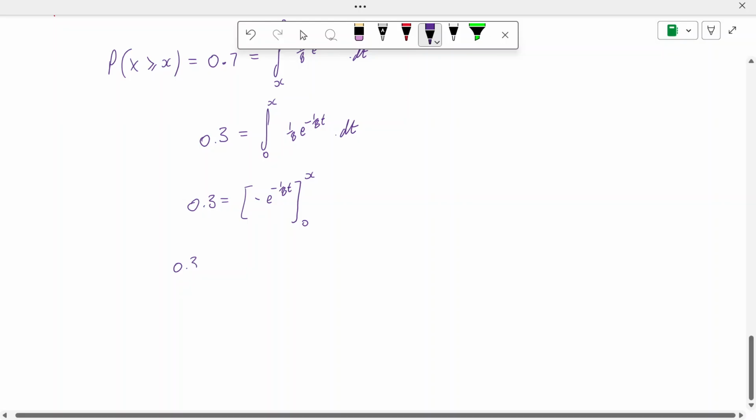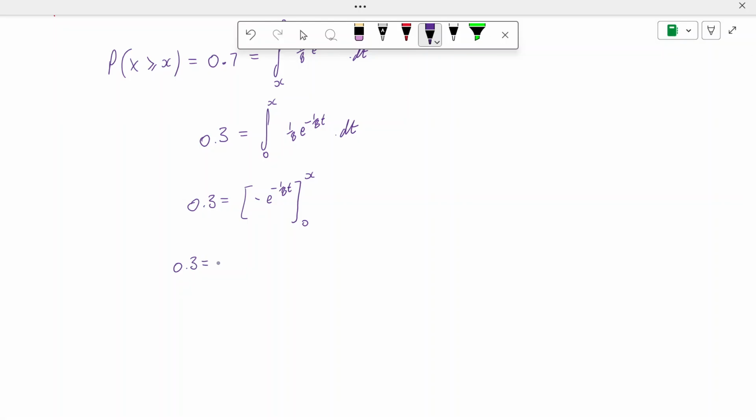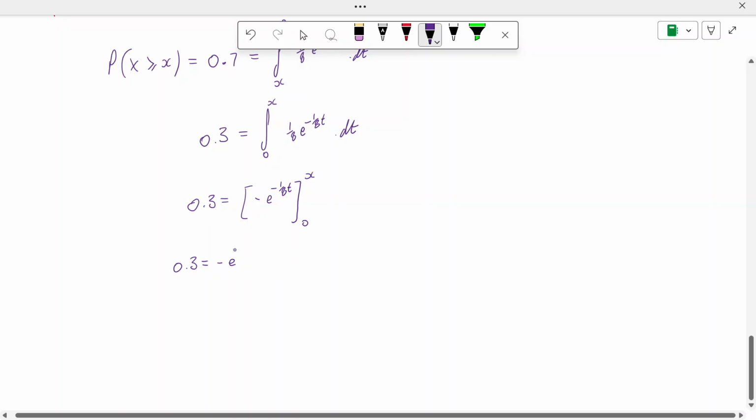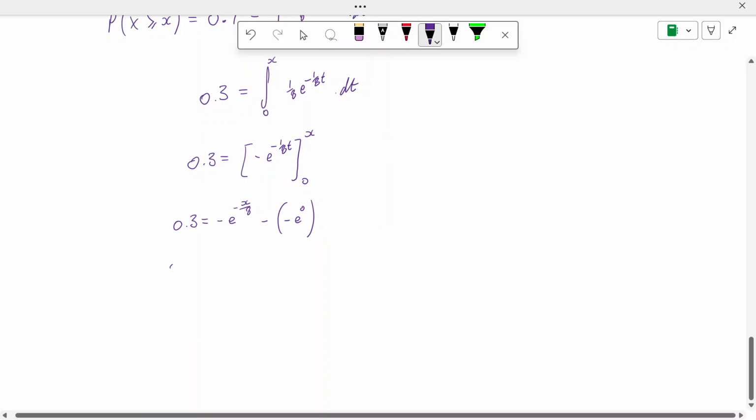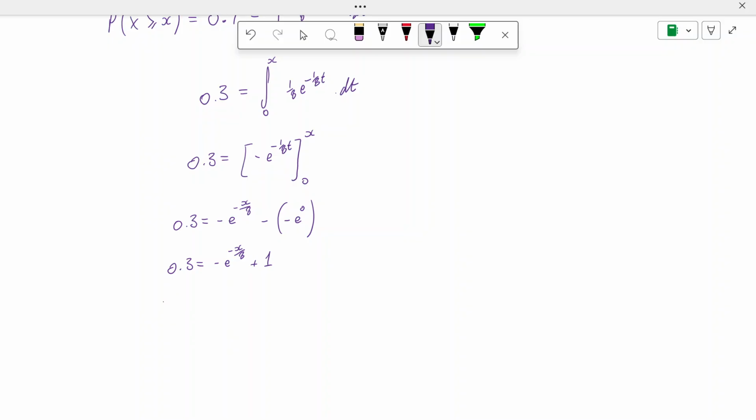Always good practice to make sure that you do show full working here, because you're going to end up with e to the 0, which we know is 1. If you tried to skip this, you might have ended up with a bit of a silly answer. So negative 1 take 1 is going to be plus. I'm going to shift that over.